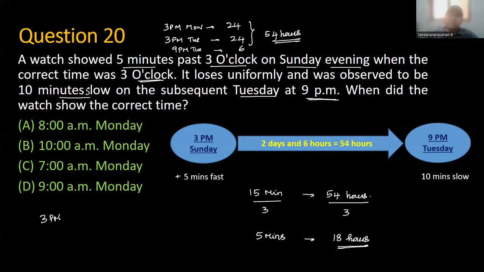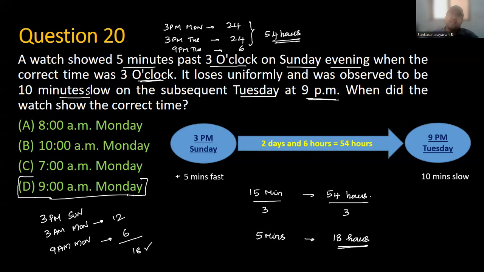Please observe, from 3 p.m. Sunday to 3 a.m. Monday, it corresponds to 12 hours. Now from 3 a.m. Monday, another 6 more hours you have to travel. So 9 a.m. Monday, another 6 more hours would have happened. Altogether 18 hours. So you can see that the clock would have shown the correct time at 9 a.m. Monday.